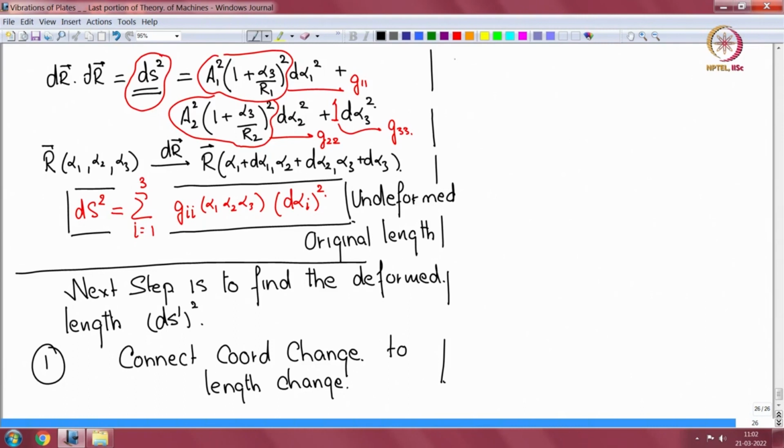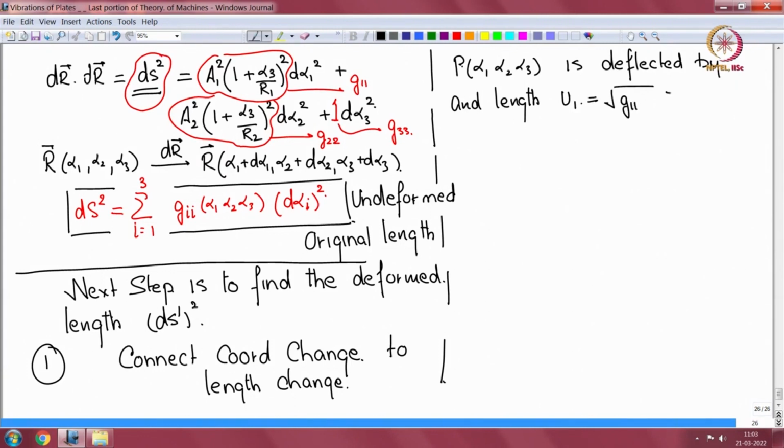So, if a certain point P at alpha 1, alpha 2, alpha 3 is deflected by a distance u1, a length change in length units u1, okay, then that u1 is equal to square root of g11 into xi1, where xi1 is the coordinate change.